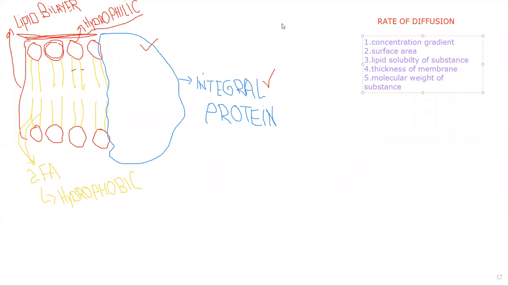The rate of diffusion depends upon the following factors. First is the concentration gradient. If there is a greater concentration gradient across the cell membrane, then more diffusion takes place. Second, the surface area of the cell membrane.